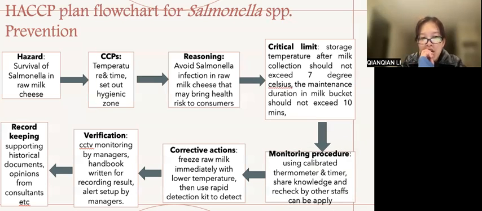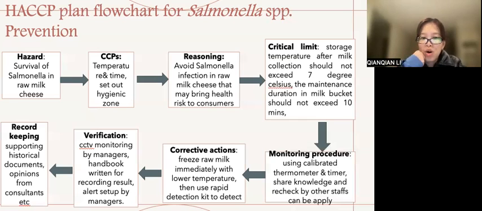So in this case, the hazard is the survival of Salmonella bacteria in raw milk cheese. The critical control point here is temperature and time, and also keeping a hygienic environment in both the production line and farms.